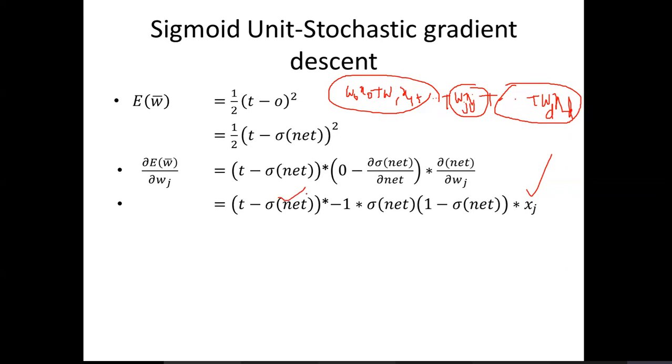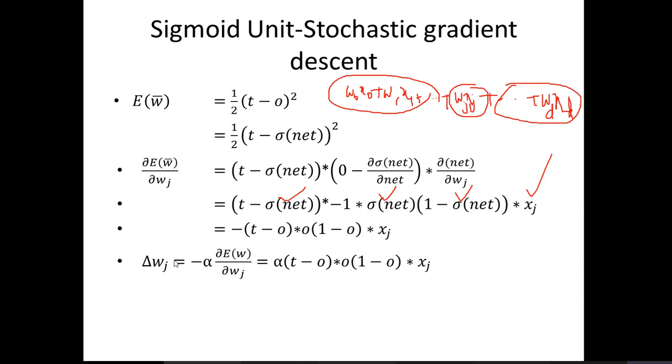And this sigma of net is nothing but O, the output value. So you see that it is minus (T minus O) into O into (1 minus O) into xj.